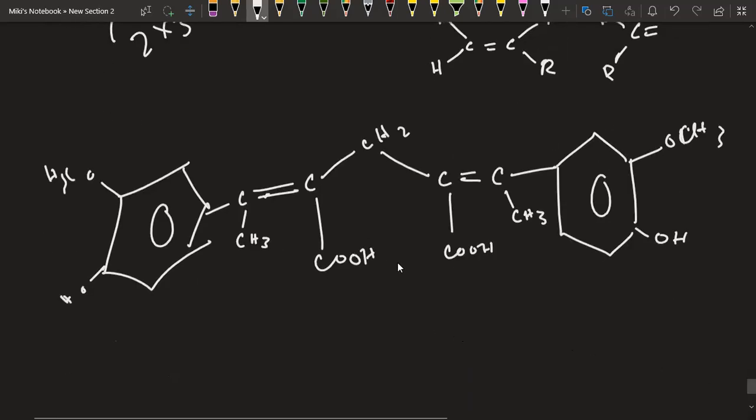At the same time, this molecule does not satisfy our number of carbon, hydrogen, and oxygen. See, we have 1, 2, 3, 4, 5, 6, 7, 8, 9, 10, 11, 12, 13, 14, 15, 16, 17, 18, 19, 20, 21, 22, 23 carbon. 23 carbon.